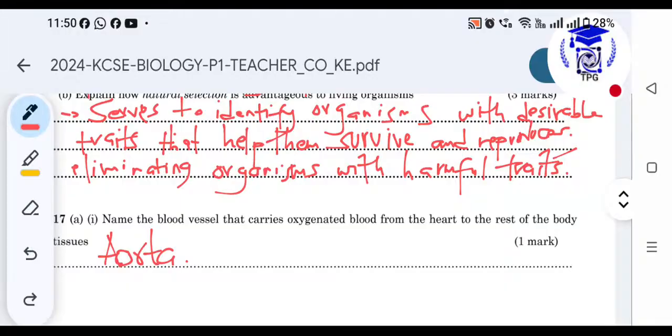It is the main artery. Tunaendelea vizuri. The main artery.